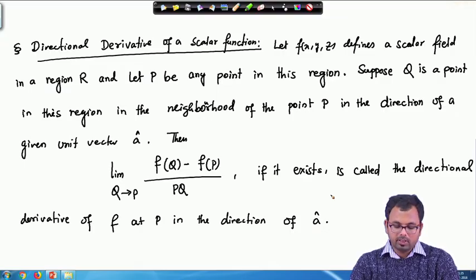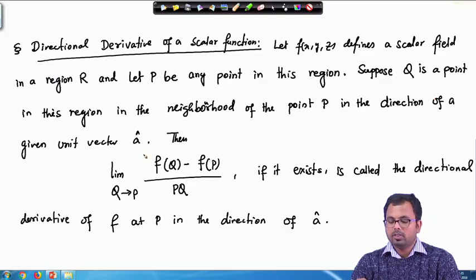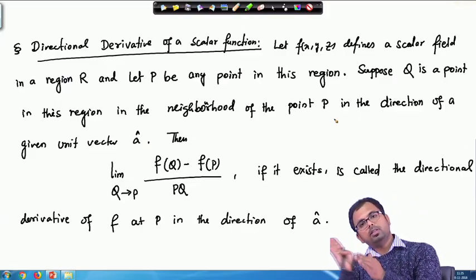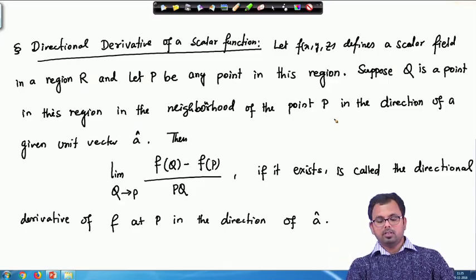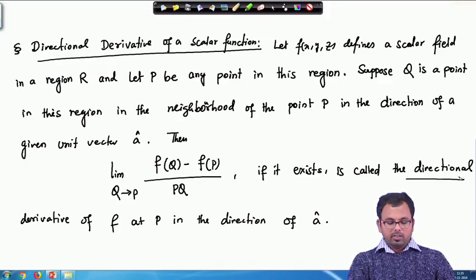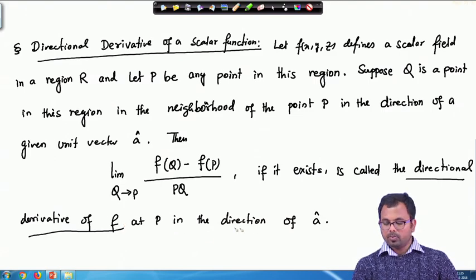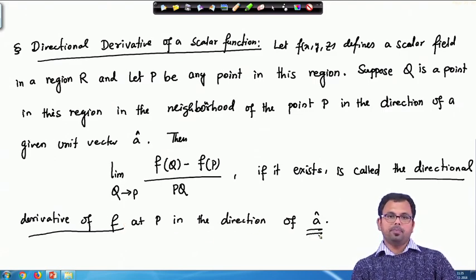This point Q is in the neighborhood of the point P, but it is also in the direction of the unit vector a cap. Then we calculate this limit, and if it exists, we say that it is the directional derivative of the function f at the point P in the direction of a cap.